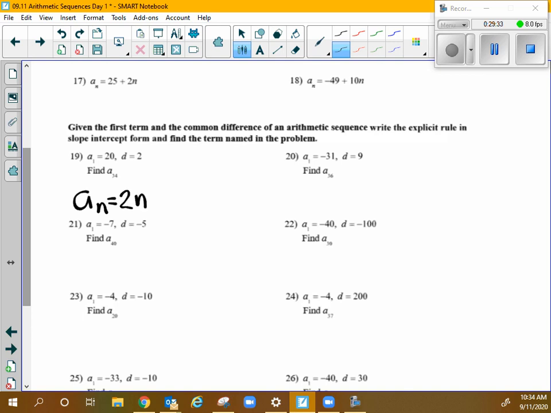Good. Am I going to put 2n plus 20? No. I need to find A of 0. If I subtract 2, I get 18. Very good.